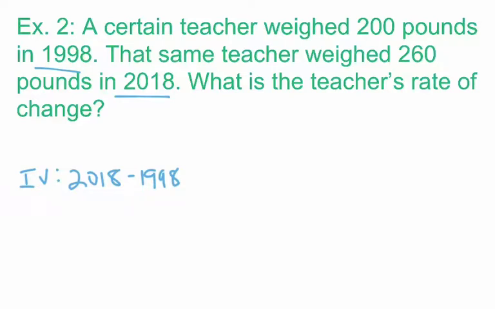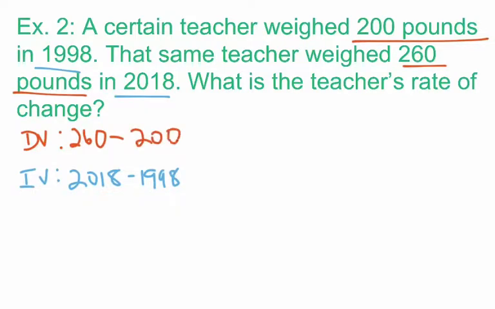And then for our dependent variable, again, whatever is not time in this problem, so this is going to be weight. So we have 200 pounds and 260 pounds. So to find the change in the dependent variable, we're going to take 260 minus 200. All right. Now to find our rate of change, m is equal to delta DV over delta IV.